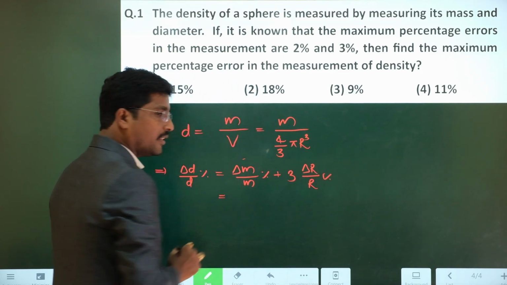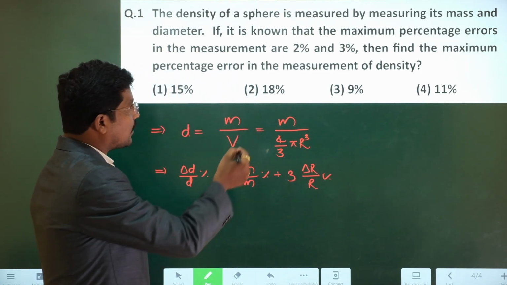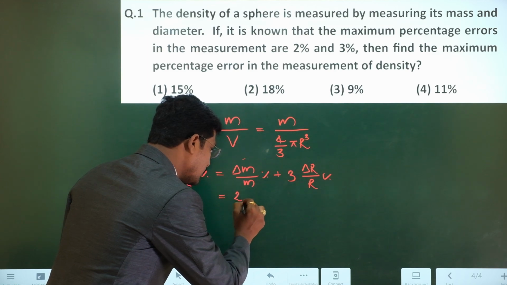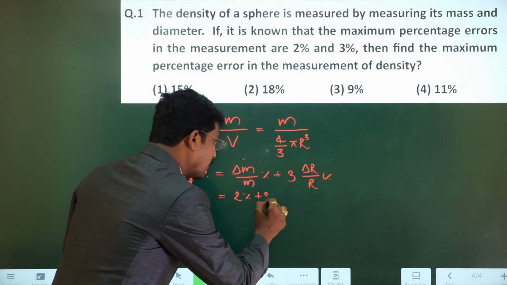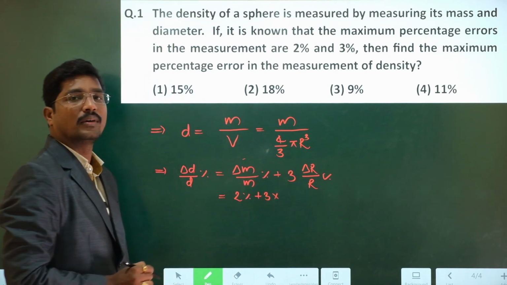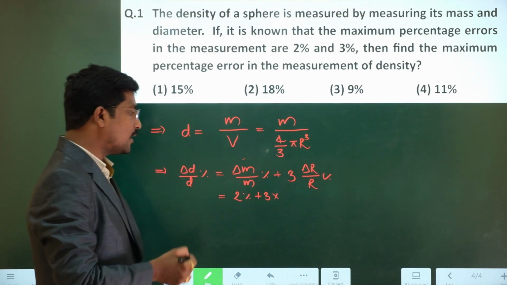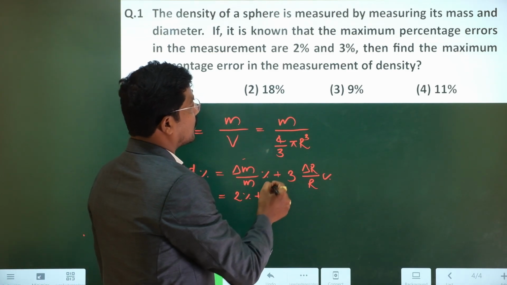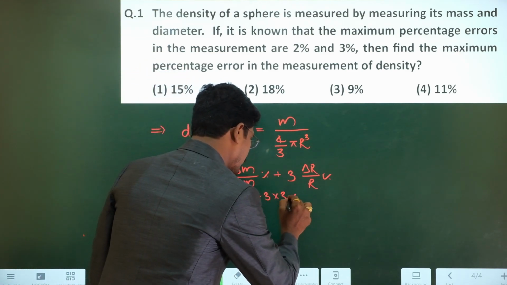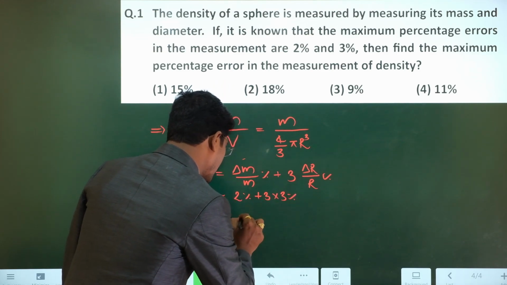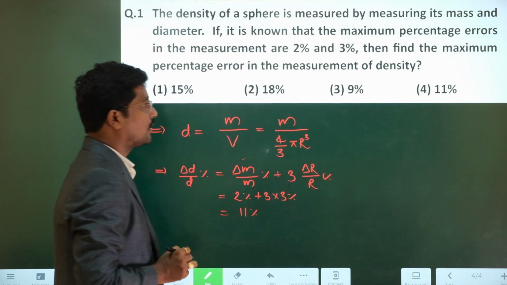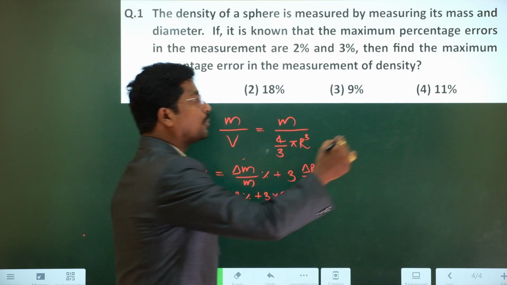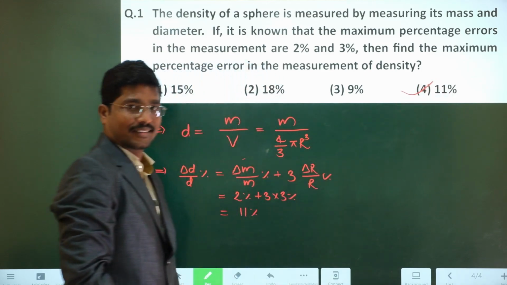So clearly given that the percentage error in mass is 2% plus 3 into the percentage error in its radius, which is 3%. So finally you will get 11%. So the fourth option is correct.